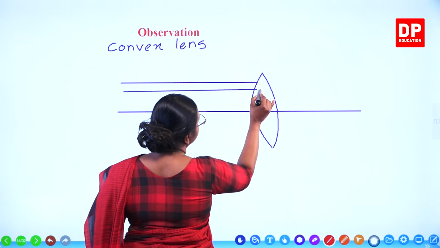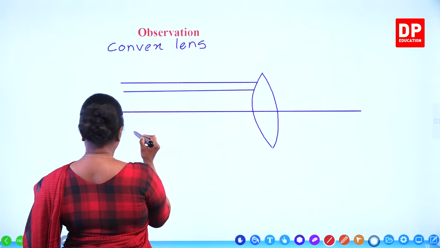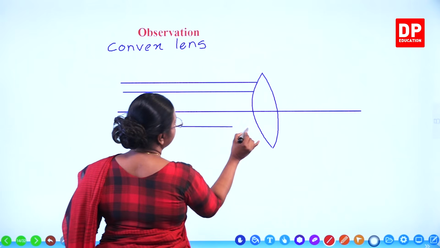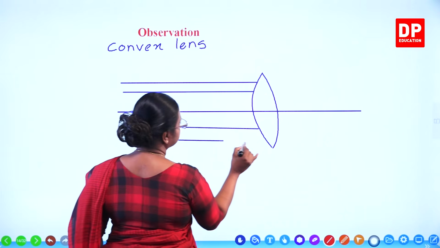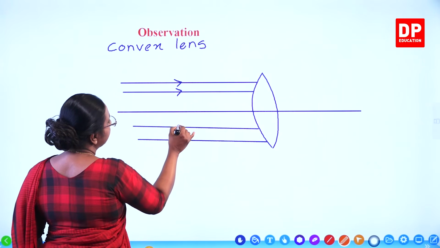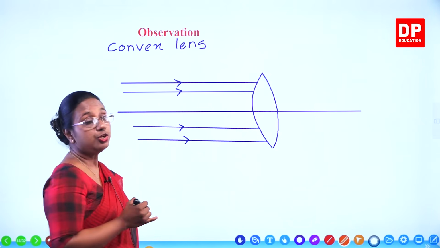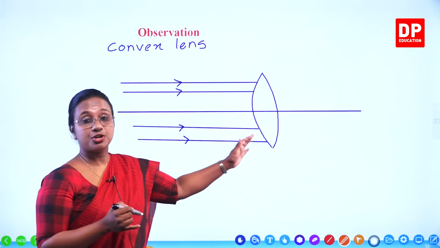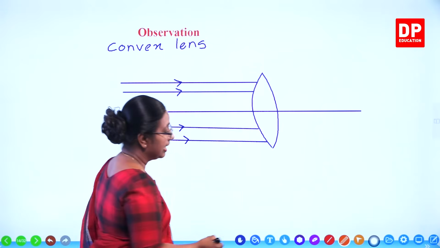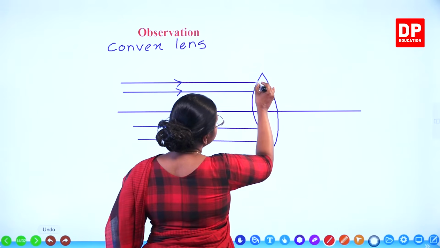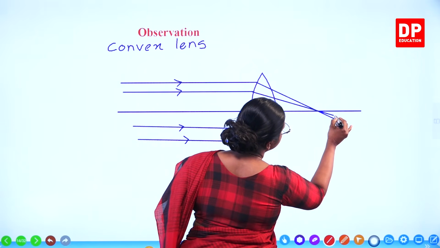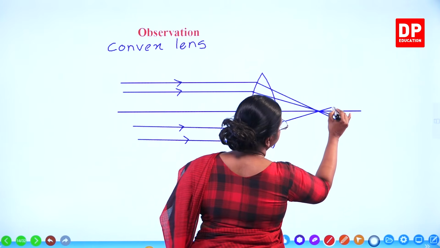So they all fall on the lens. So here when we show a parallel beam of light, you know that you have to use an arrowhead to indicate the direction of the light rays. So here all the rays are coming towards the lens. Then what happened? All these rays refracted and they converge through one point.